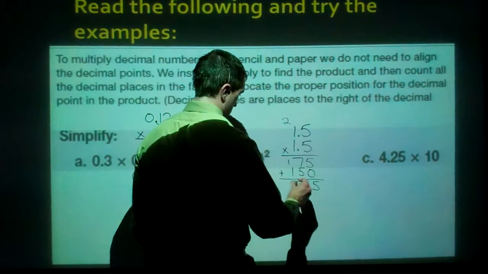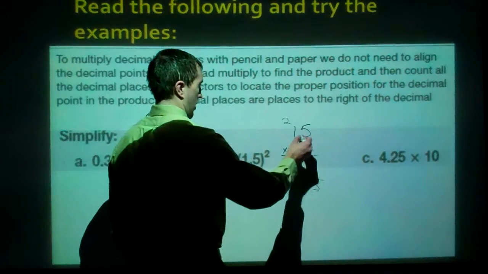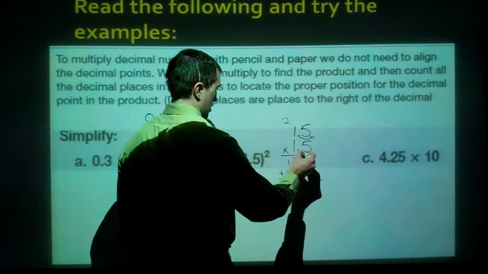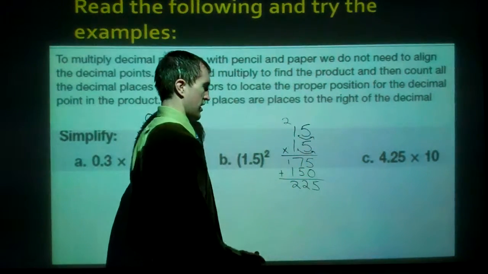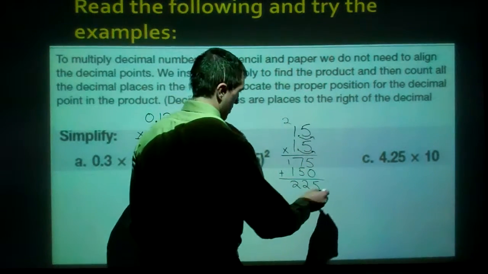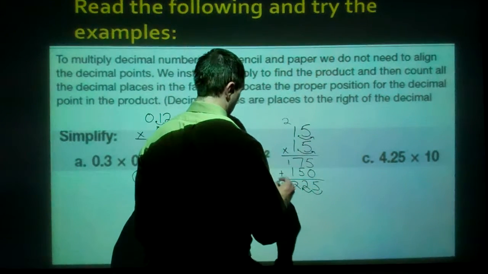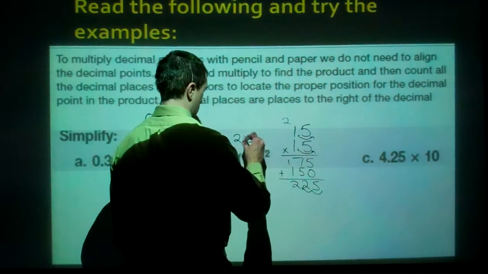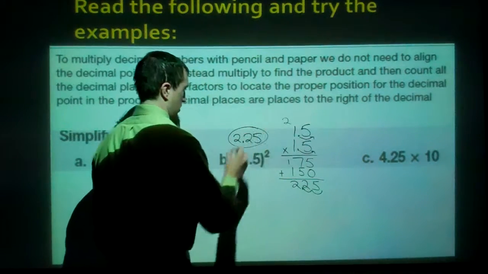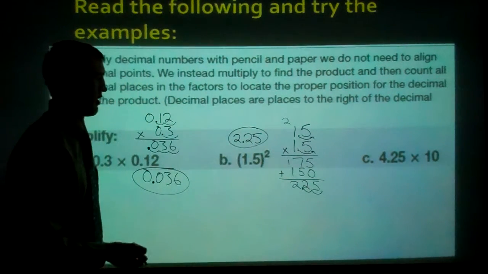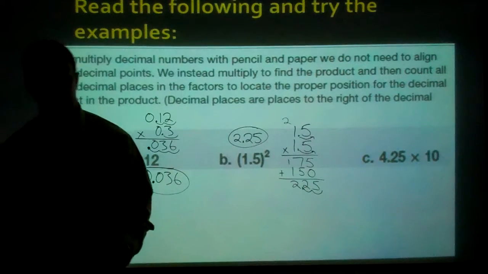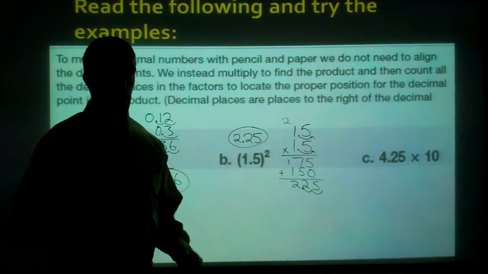Here you carry 1, 2. Alright, now we have 1 space, 2 spaces, 2 total spaces. So we're going to go 1, 2, and we should get 2.25 for that one.